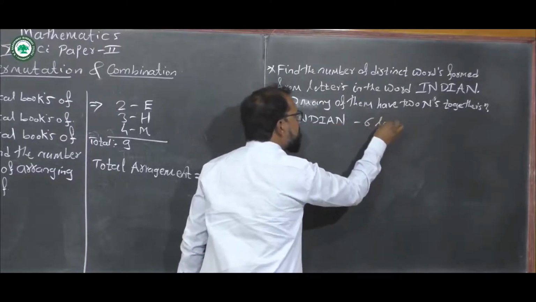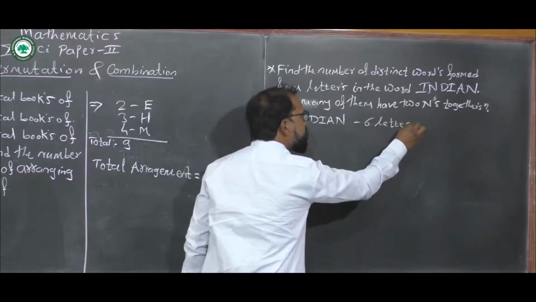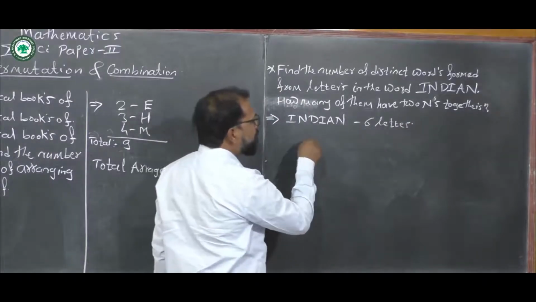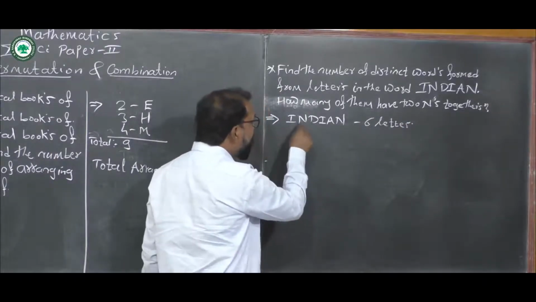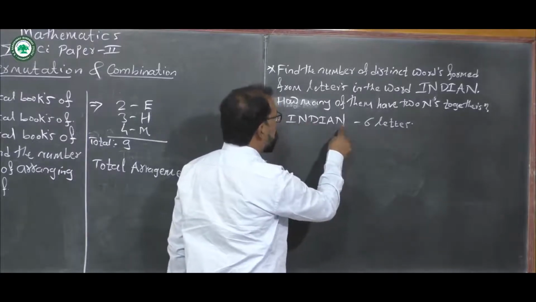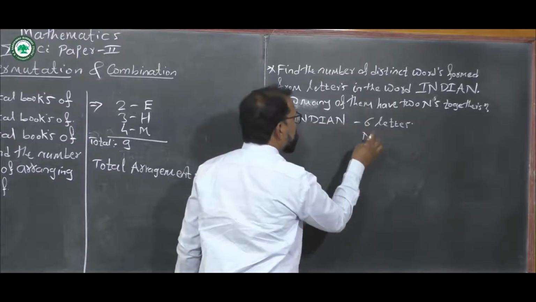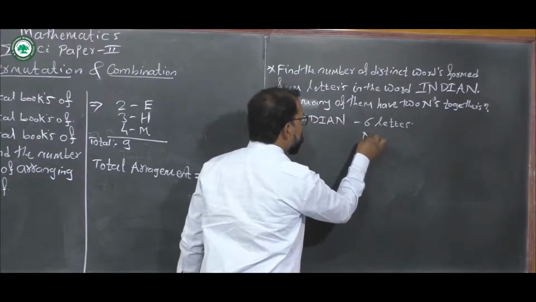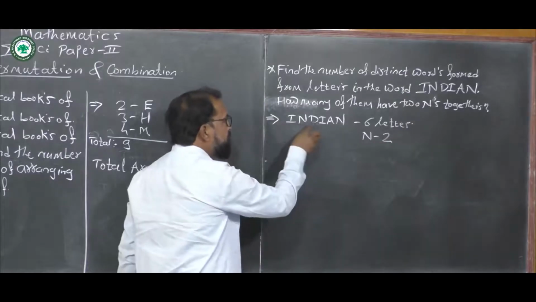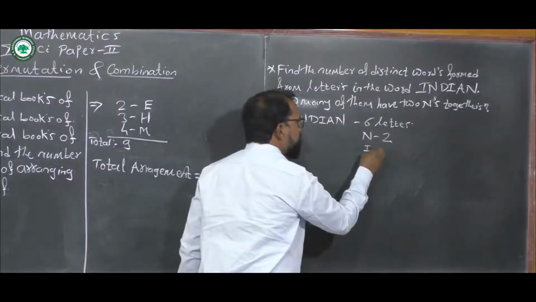There are 6 letters. Now from these 6 letters, this N repeats twice, and again this I also repeats twice.